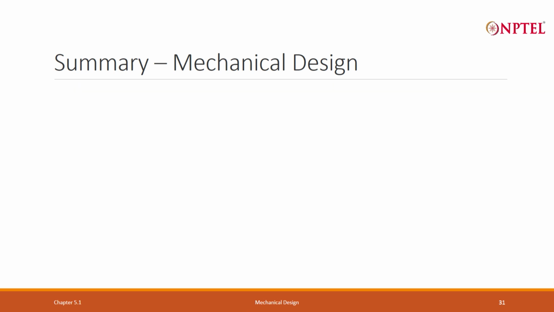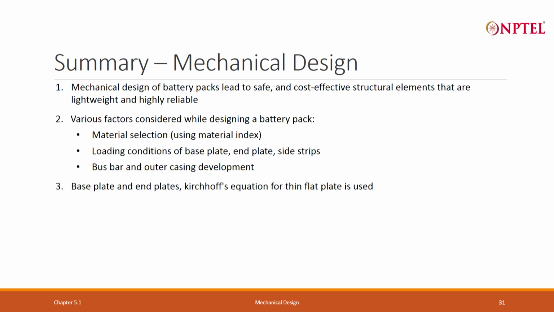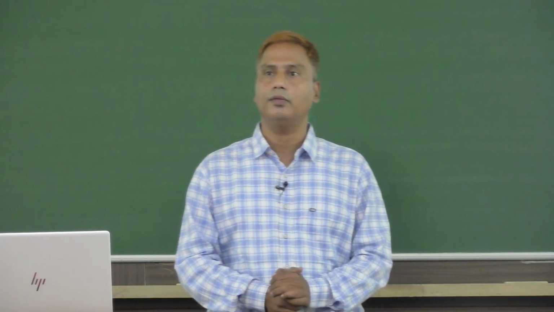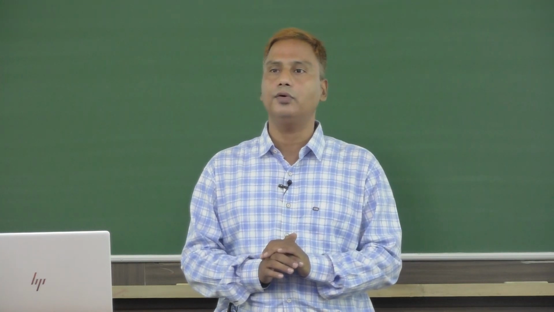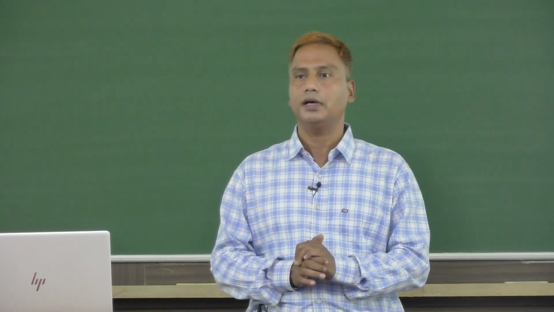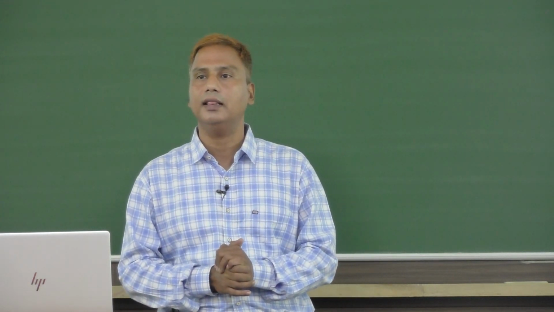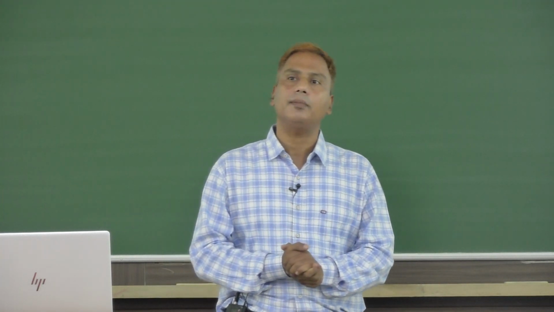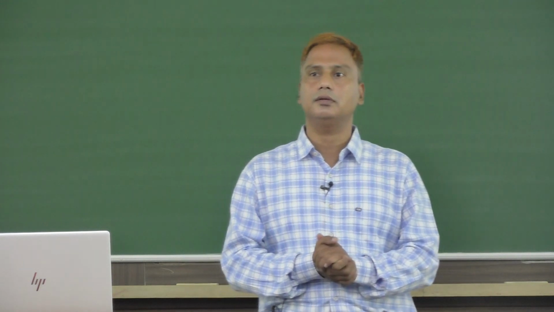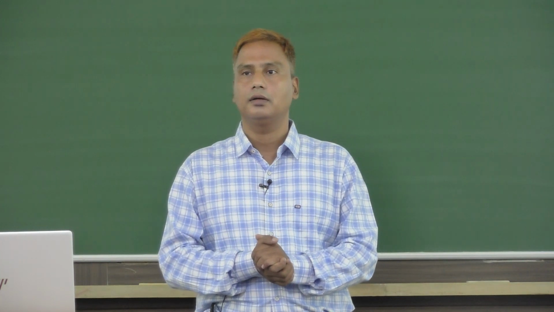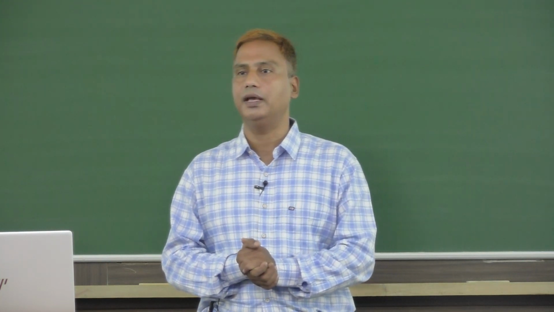So, what have we done? Basically, we started from the battery pack development. There we defined 4 categories: electrical development, thermal development, mechanical development and BMS development. These are the 4 parts of the battery pack. Then we tried to understand the importance of all these 4: electrical, mechanical, thermal as well as BMS.